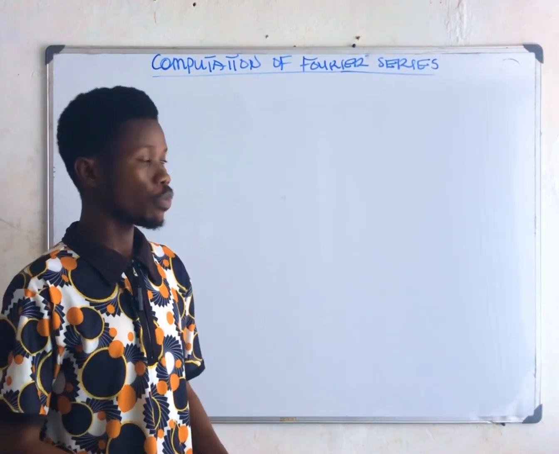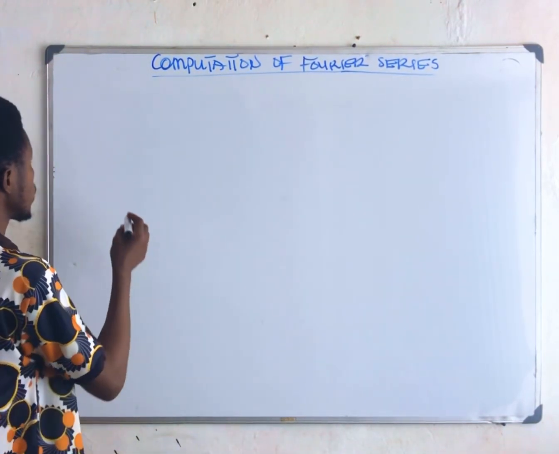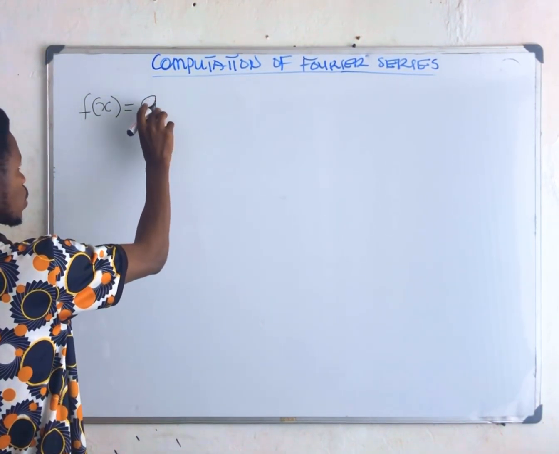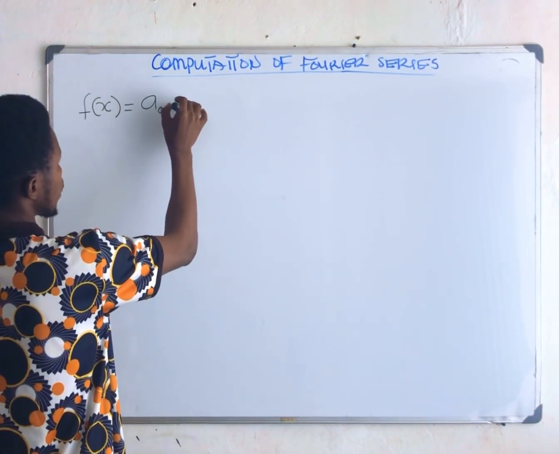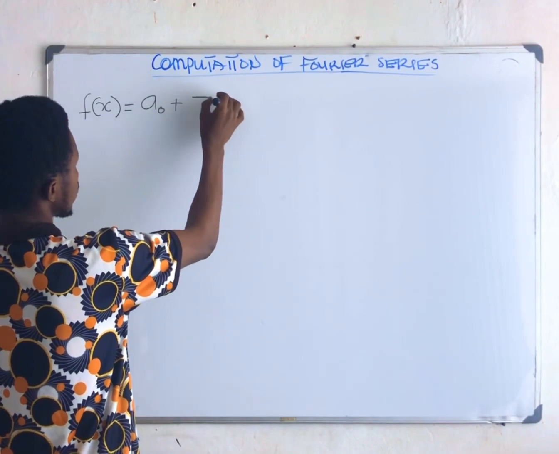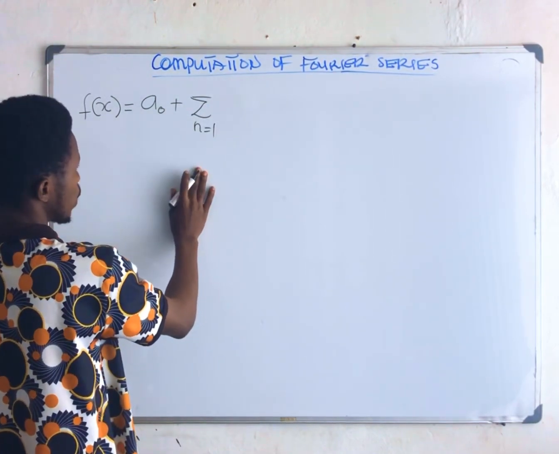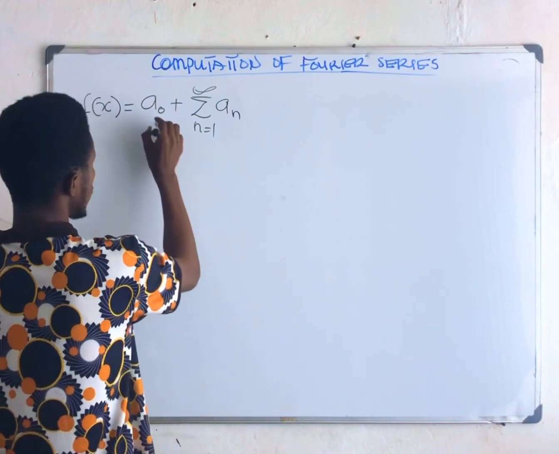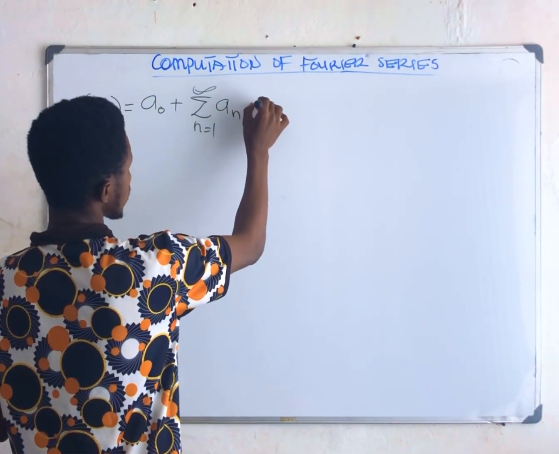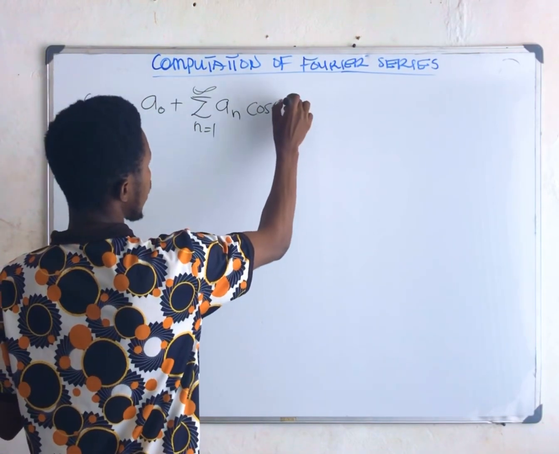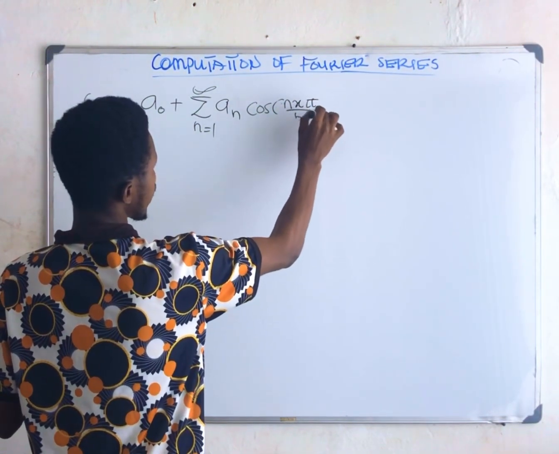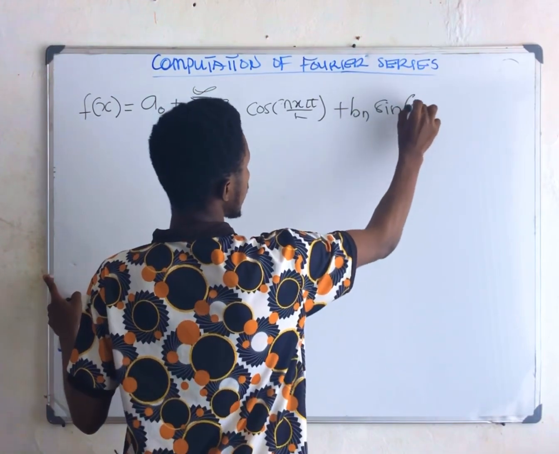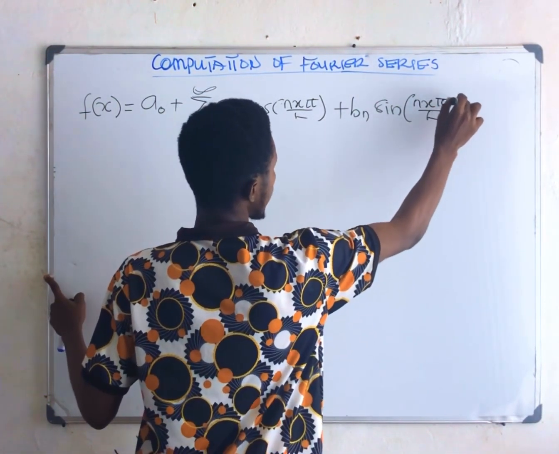Already we have discussed the Fourier series formula, where we said that f at x is giving us a naught over 2 plus the summation of n equals 1 to infinity of an cos nx pi over l plus bn sine nx pi over l.